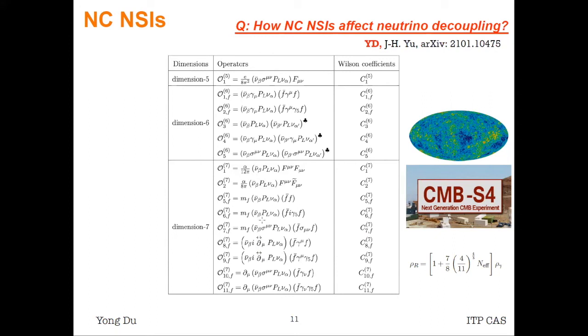And for your previous question on the interference, for the neutral current NSIs, we kept both the interference term with the standard model corrections as well as the quadratic correction from these operators. For the charged current NSIs, there's no interference because there's no square term. So there's no such interference. Yes. Okay, that makes sense.